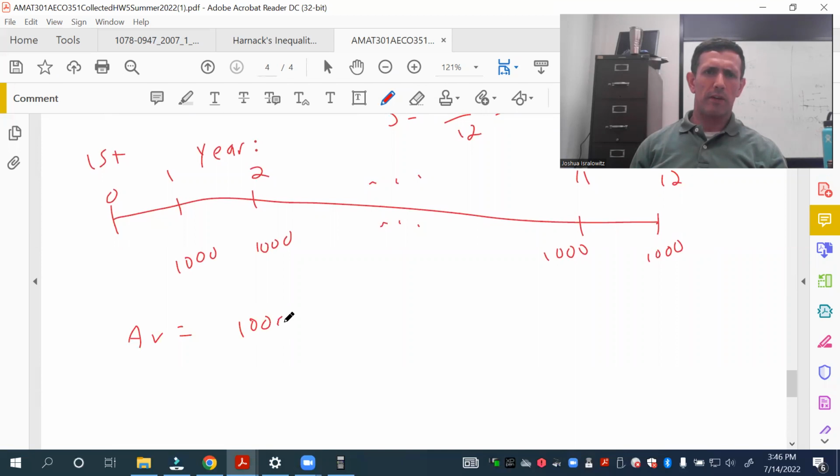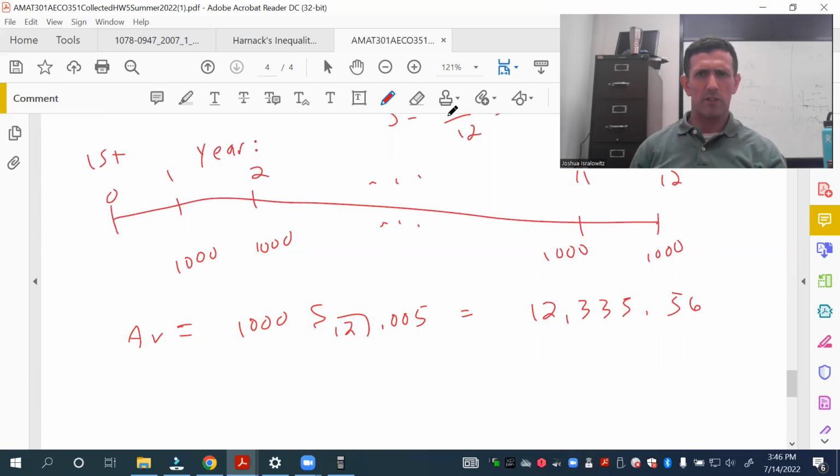So accumulated value is just 1000 S12 at 0.005. It's not double dot, it's 1000 at the end of each month. And this is 12,335.56237.